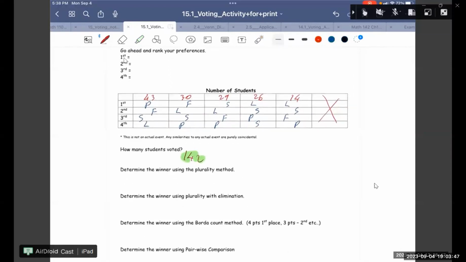So determine the winner in the plurality method.